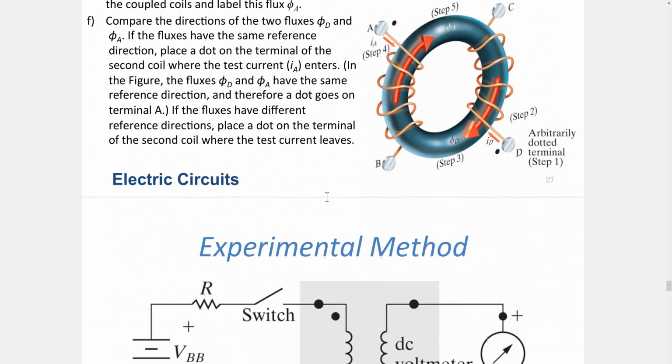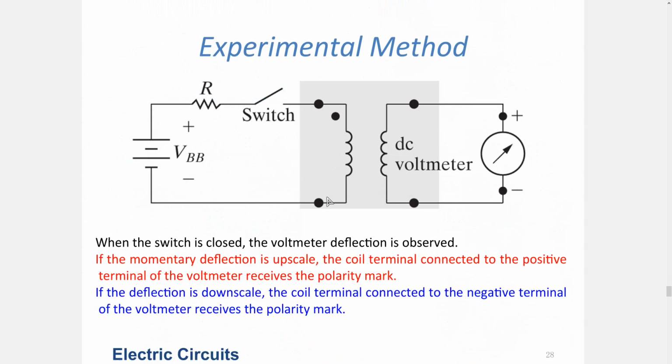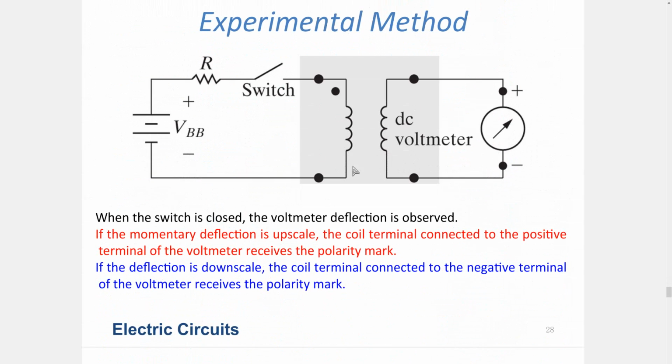If you have some voltage source and some multimeter that can measure volts, then we can simply build a circuit like this. We just need to close the switch, and at the instant of closing the switch, some voltage will be induced on the other side.